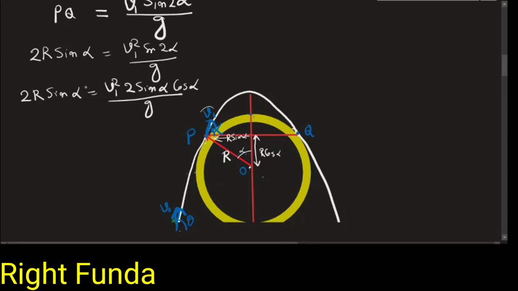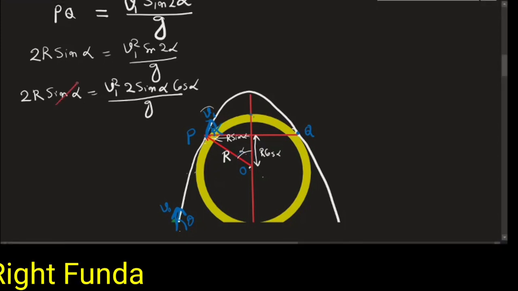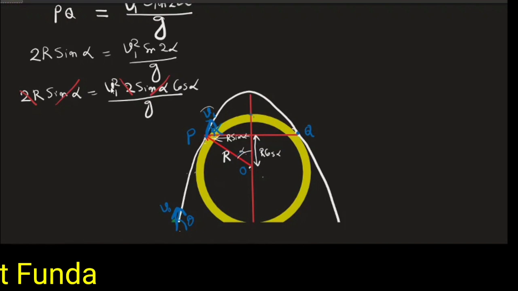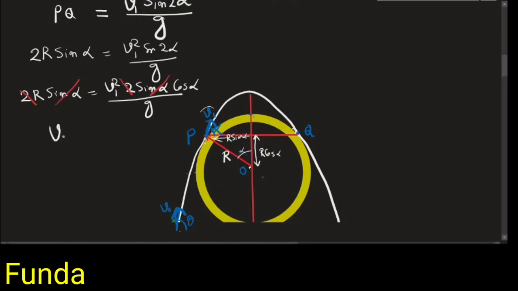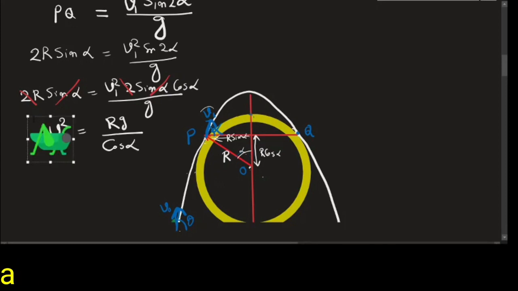So this sine alpha cancels out, this 2 is gone. And what we get is V1 square, we calculated from this. We got V1 square is equal to, from the geometry, Rg by cos alpha. Rg by cos alpha we got.